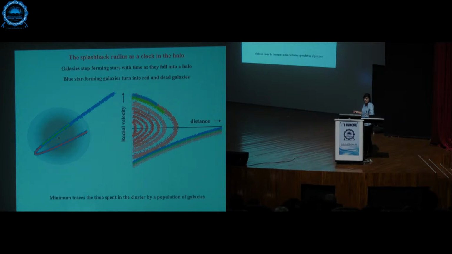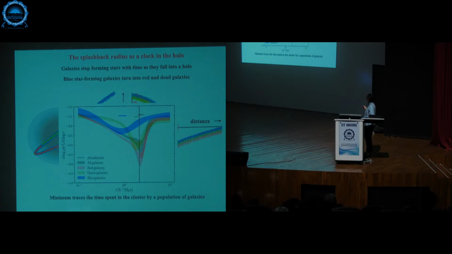So this essentially translates into their phase spaces being cut off from the infall, the multi-streaming being cut off from the single stream at different locations, creating this distribution of the minimum of the slope that depends on galaxy color.